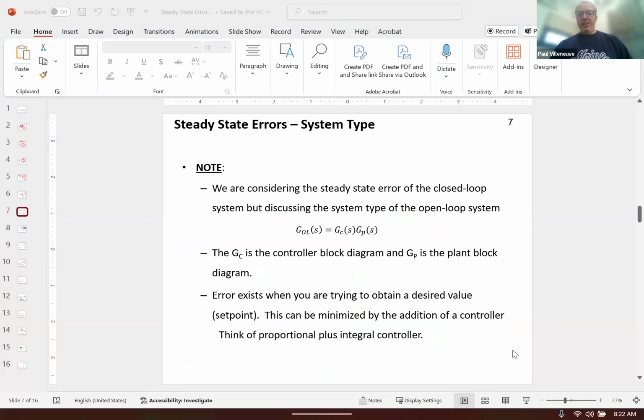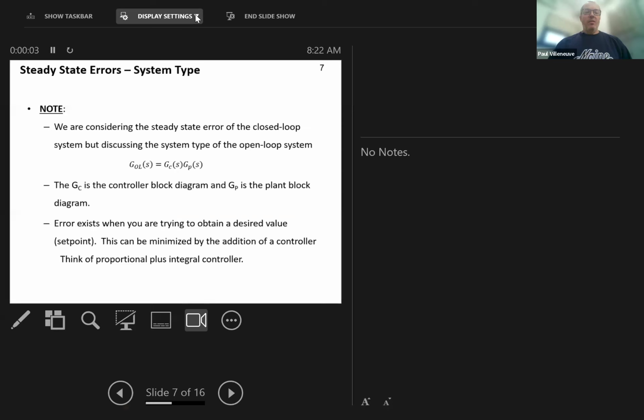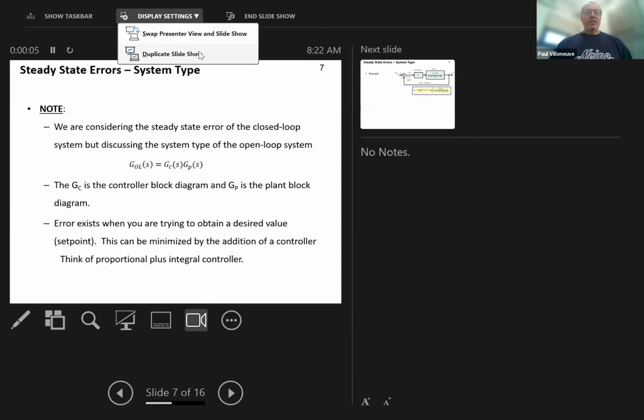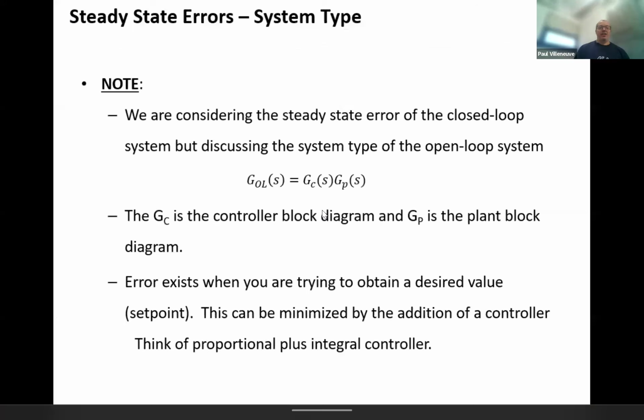All right, so this is what we finished up with last class with steady state errors, right? We have a system type, and we have the 3 different inputs. And what we solved for was a position constant, a velocity constant, and an acceleration constant.